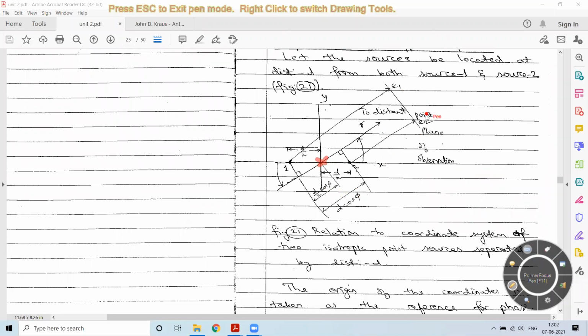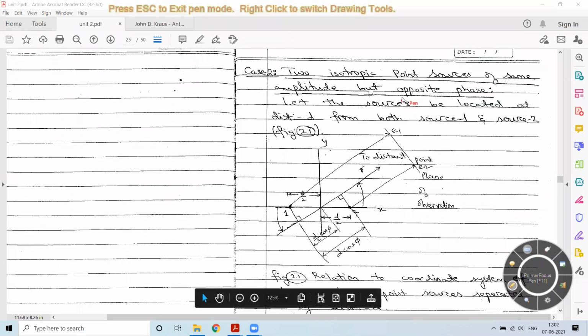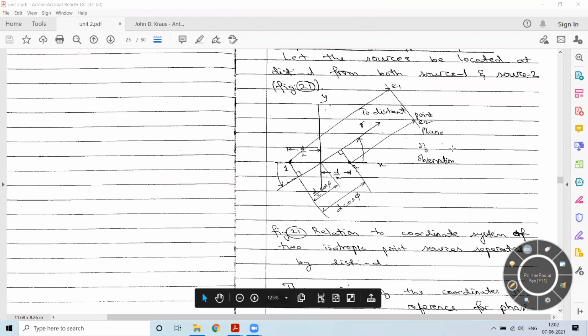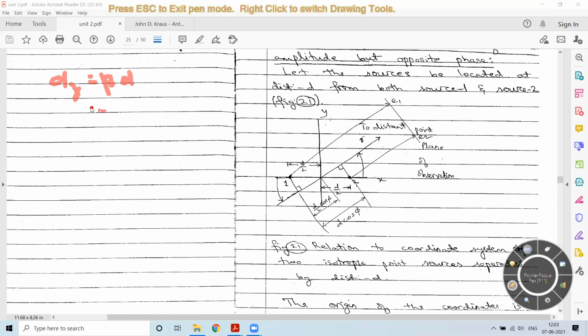Now the only condition we have to check out is the opposite phase. So what is the representation of the opposite phase? Again, these parameters will be handy. That is dr equal to beta d, which is given by 2 pi by lambda into d.